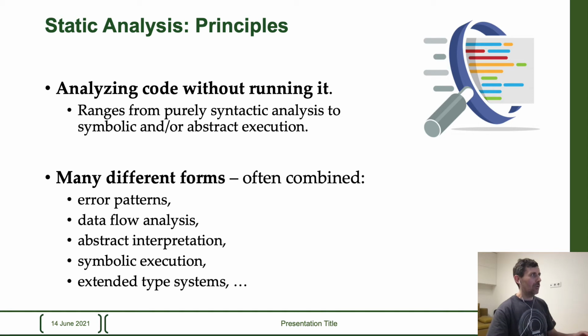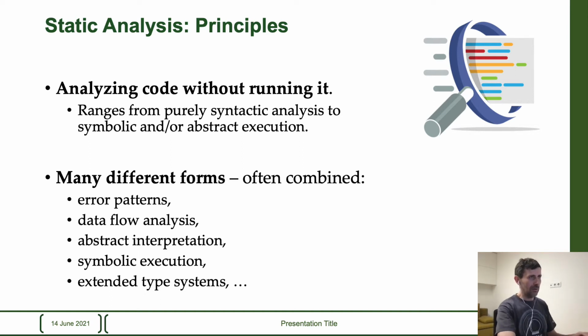But one can also work with more heavy symbolic or abstract execution based approaches, which in fact do execute the code, but not under the original semantics, but somehow abstract semantics. The different approaches can be concretized to many different and heavily studied forms of static analysis, like error patterns, data flow analysis, abstract interpretation, symbolic execution, extended type systems, etc.